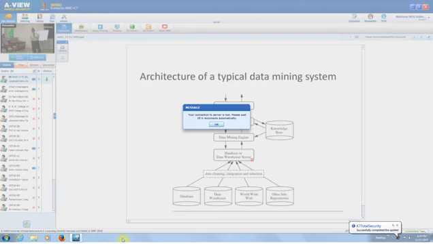Okay. Now, it is from that data warehouse, and from the World Wide Web also, you will get some information. Sometimes for decision making you need this.